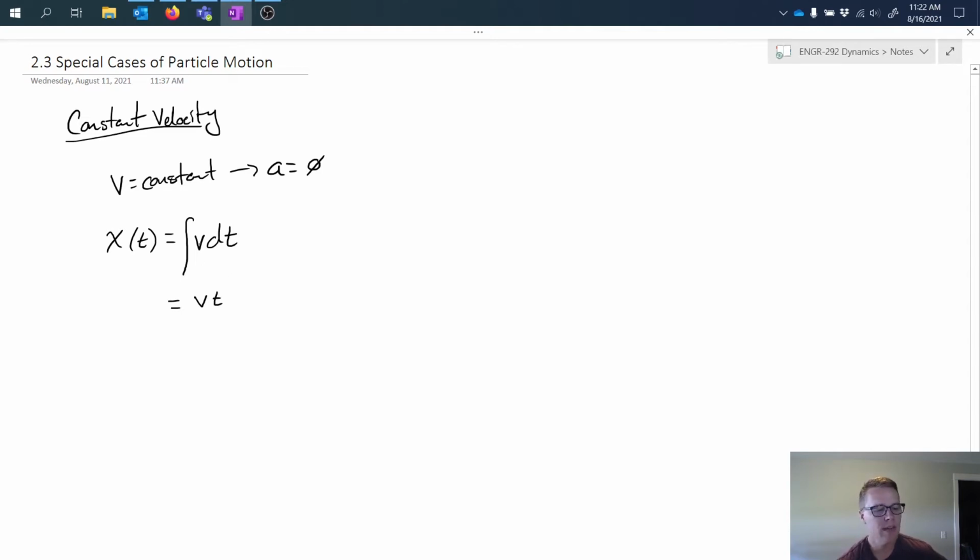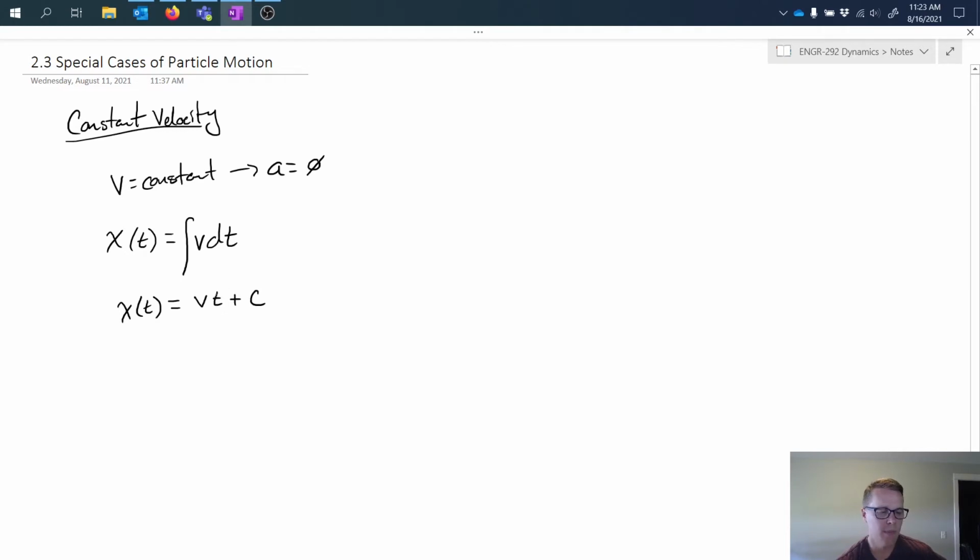But if we're treating this as an indefinite integral, then we have this constant of integration, which we would sometimes write as c, right? And in order to get rid of c, we need to know something about our situation. So I can bring this x of t down. And the thing that we might know is the initial position of x. The initial position of x would be the solution for x when t is 0.